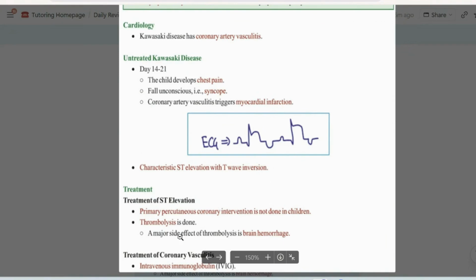Okay, so because you have a coronary artery vasculitis, the vasculitis is causing lumen narrowing. You may see platelets and clots developing in those regions. If you perform thrombolysis, which means give them heparin and things like that, you may see that the blood flow comes back to normal, right?